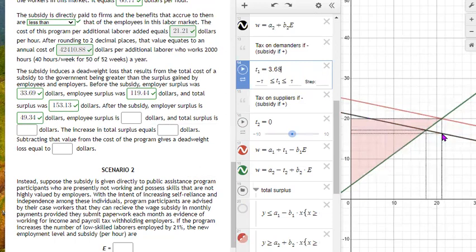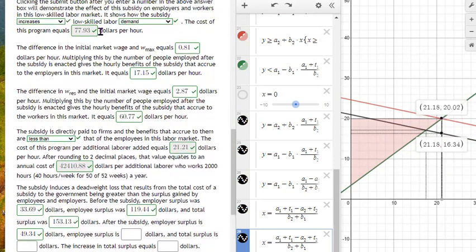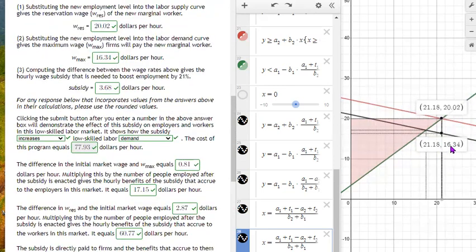So although firms are willing to pay at most 16.34 for this last worker hired, they'll hire them because the government's going to pay the difference. Firms pay the first 16.34 of the hourly wage, and government pays the last $3.68. So that last worker gets hired, correct?